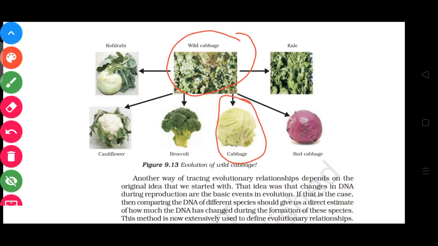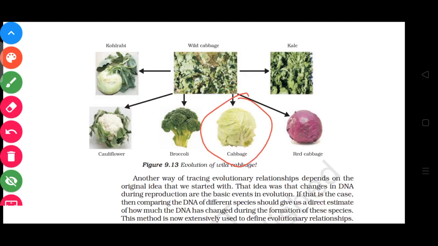Then some farmers saw this cabbage and decided that they want to farm this one. So they took many variational cabbages like this and bred it, means did reproduction. Then we got this cabbage.